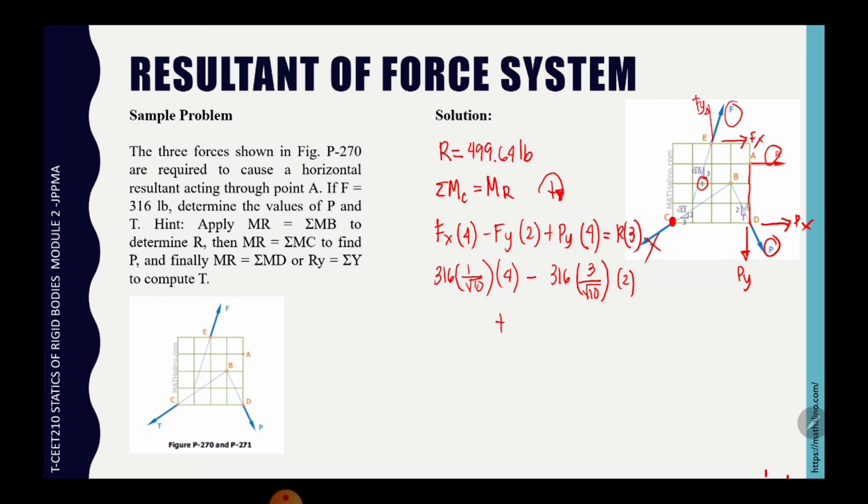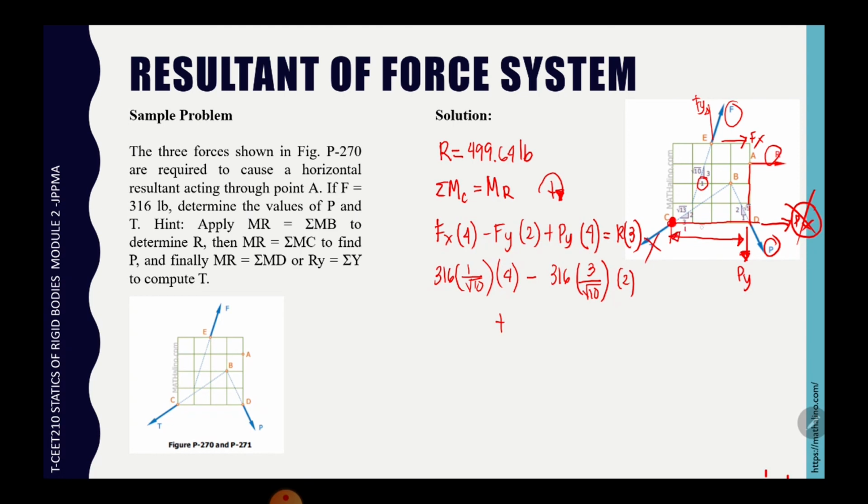Pero, si Px, cancel siya. Kasi, nag-a-act siya dito sa point na to. Ang magiging distance niya kasi sa moment is magiging 0, 'di ba? Kaya ito si Py lang yung pwede kasi ang distance na to ay kailangan natin.